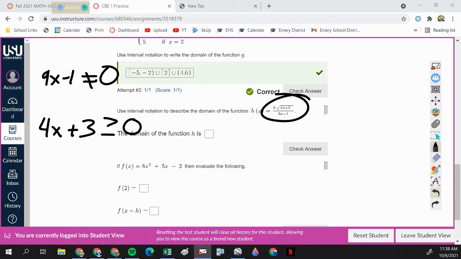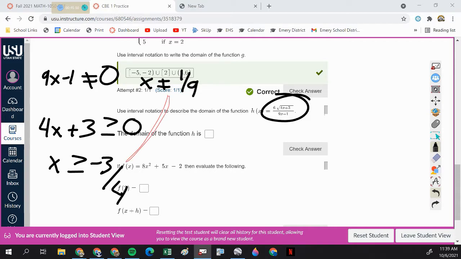Everybody understand that? The square root cannot be negative, and the denominator cannot be 0. So x cannot be 1/9, and x must be greater than or equal to negative 3/4. We have to piece that together.